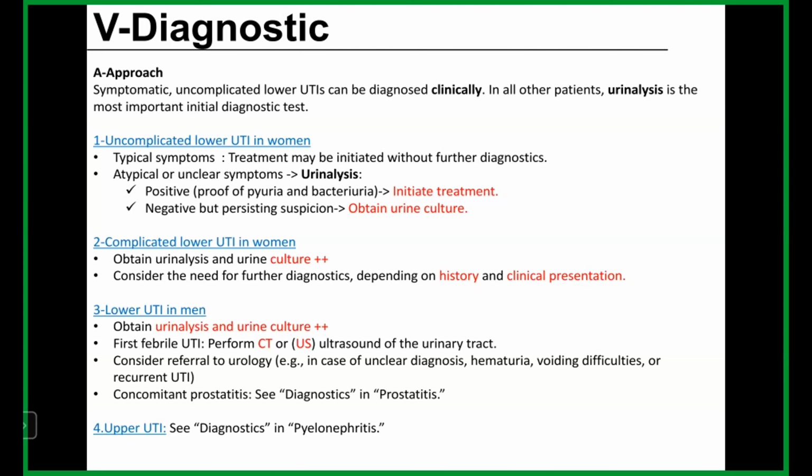If the symptoms are unclear, we can also do a urine analysis, the urine analysis or sticks. We take a little urine and we drop sticks, and we compare with our result.